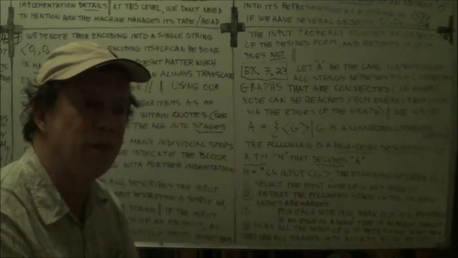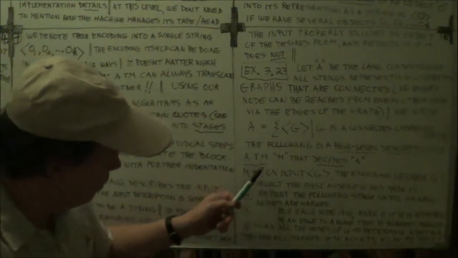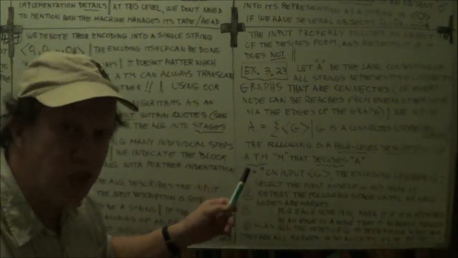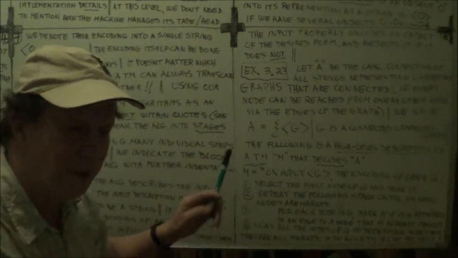All right. So we're giving an example now of a standard presentation, a standard description of a Turing machine algorithm. It's usually in English, all between double quotes, the beginning and the end. So M is the name of the machine, and we're describing the machine that implements the algorithm.